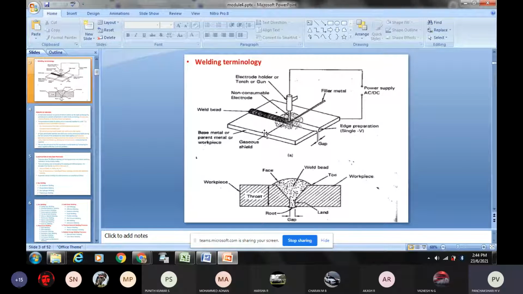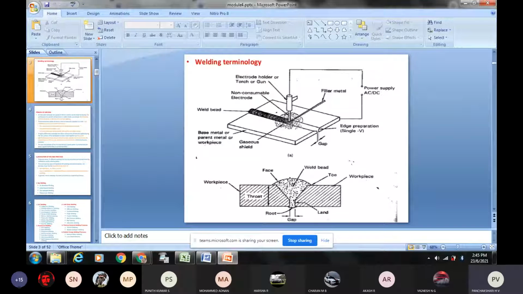How can we prepare the material? For example, this is flat material and this is also flat material, with straight edges like this. There is no gap between part A and part B when joined together, so welding cannot be done effectively.